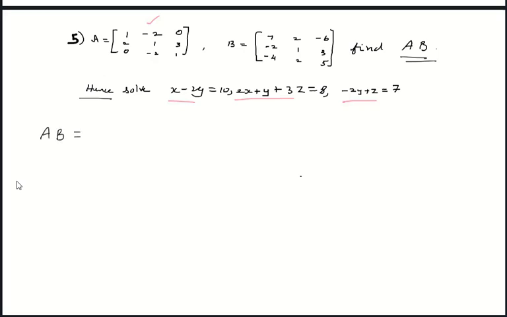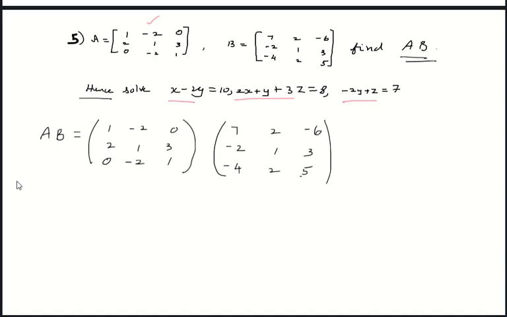The AB matrix: the A matrix is 1, negative 2, 0, 2, 1, 3, 0, negative 2, 1, into the B matrix. The B matrix is 7, 2, negative 6, negative 2, 1, negative 3, negative 4, 2 and 5. So this is the B matrix. If I multiply, what answer should I get?